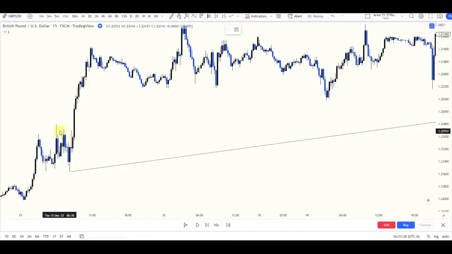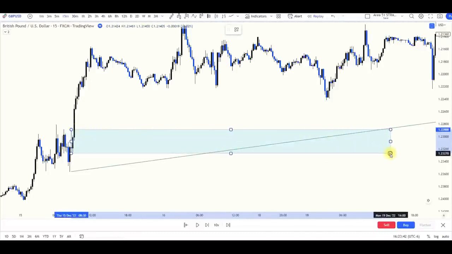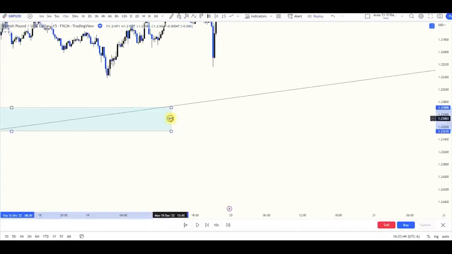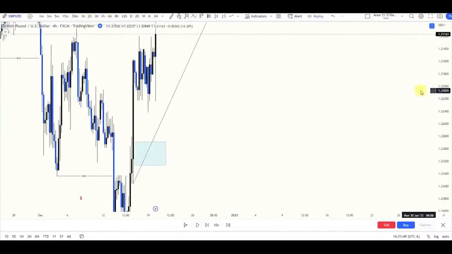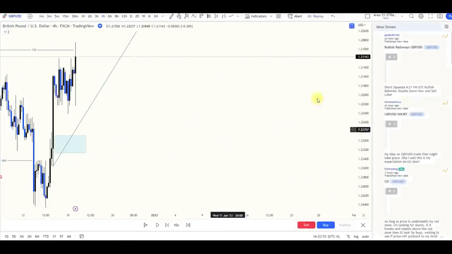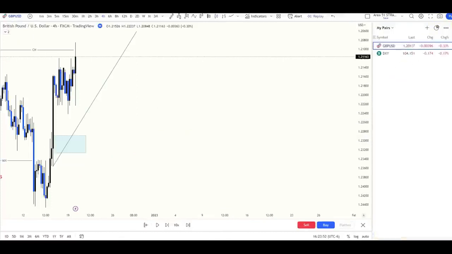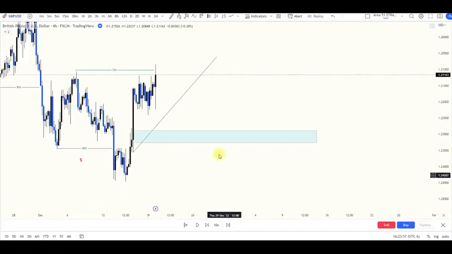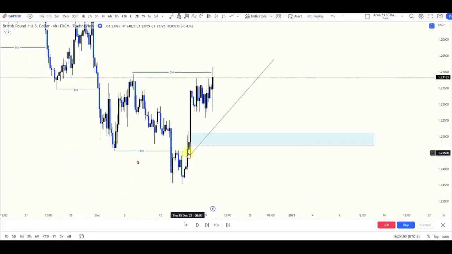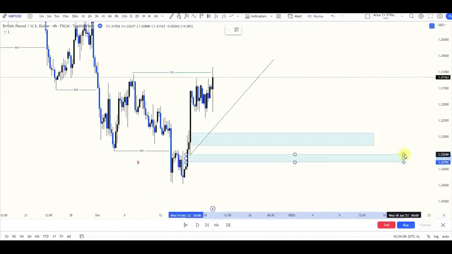This is our last big move that created the break of structure. This is called a demand zone. This is where the big moves happened. There's also another fair value gap, or what they call an imbalance, before the break of structure.